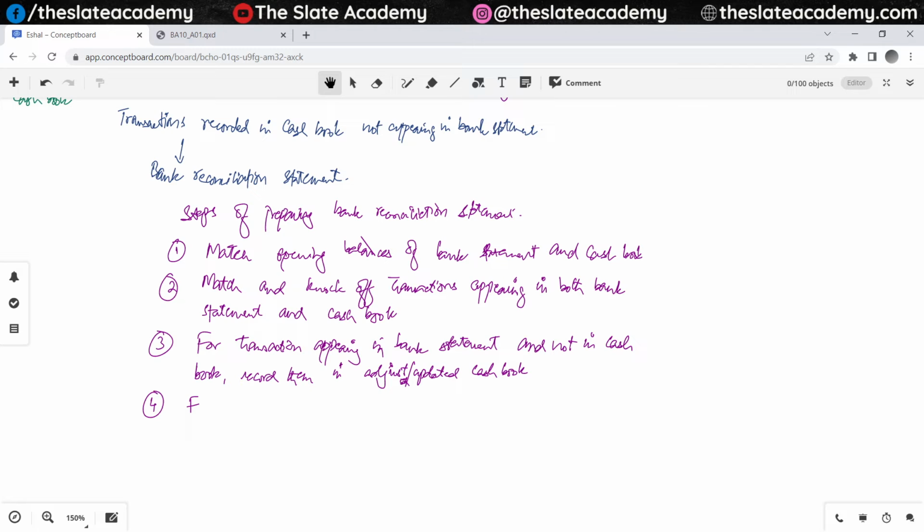So for transactions appearing in cash book and not in bank statement, prepare bank reconciliation statement.